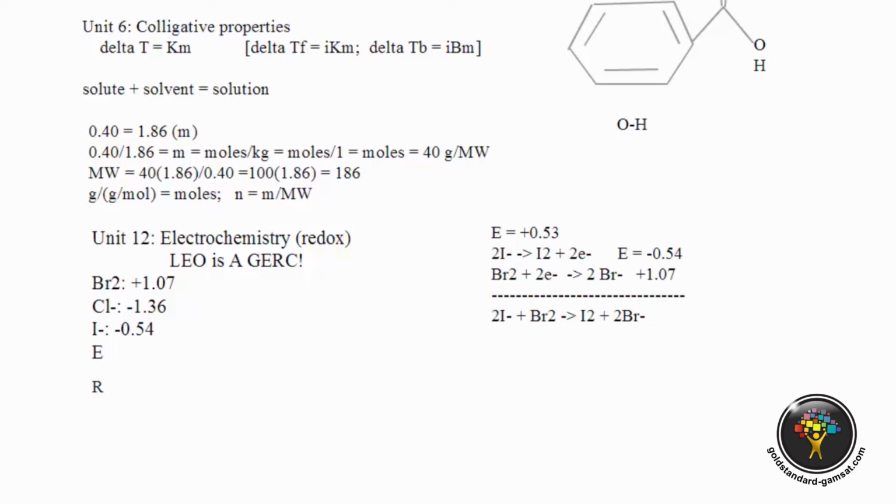3 is prop, so it's going to be but. Now there are 2 oxygen groups here, right? And there's a double bond between 2 carbons.